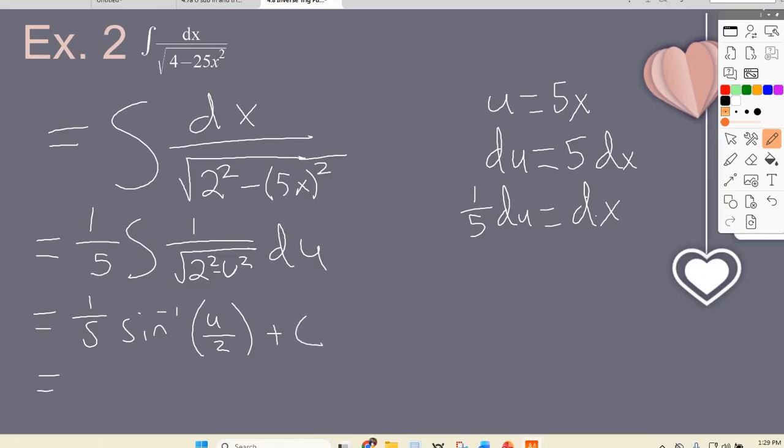And then again, because this is an indefinite integral, I'm going to plug my x's back in. Questions on that?